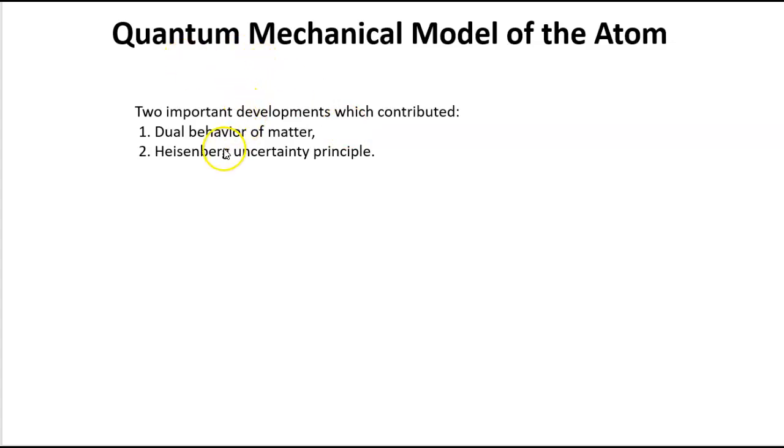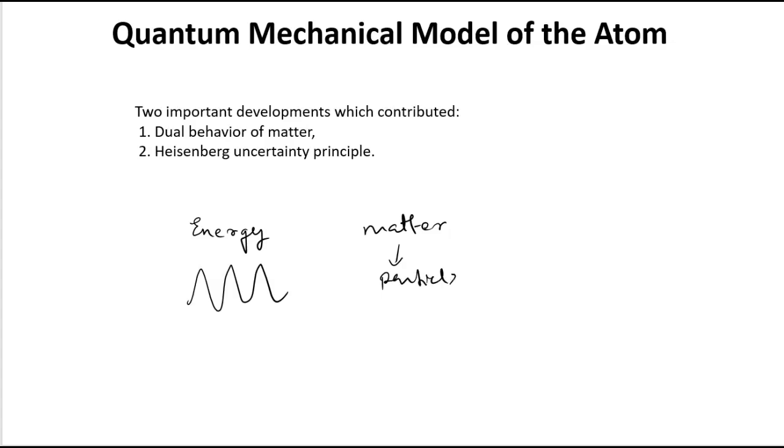So what actually is dual behavior of matter? See, there are two types of things around us. Either it is energy or it is matter. Energy is in the form of waves, and matter is in the form of particles, which have certain mass.